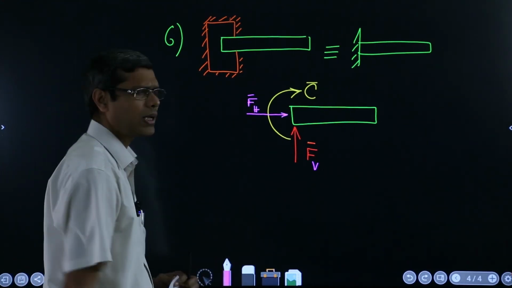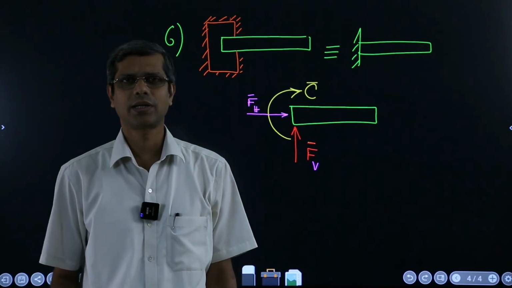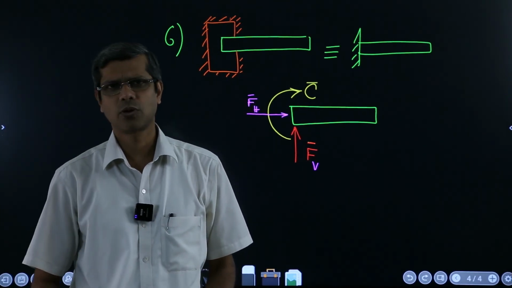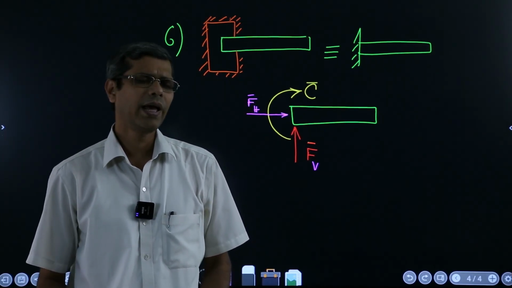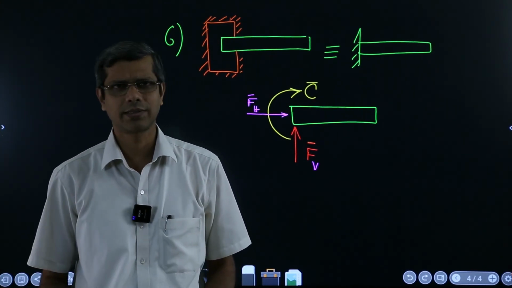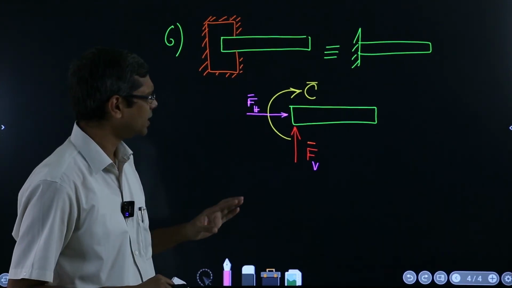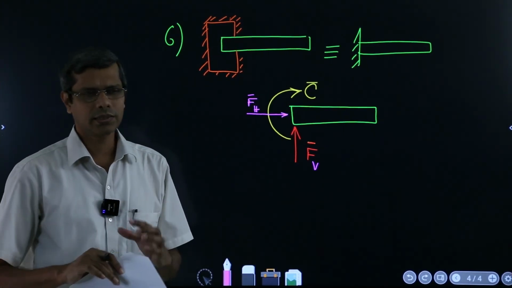So these are the major 6 types of connectors which will cater to almost all the problems you are going to solve, and there are some other small important things which we will discuss as and when some problems require them. With that, the FBDs and the connector topic is over.